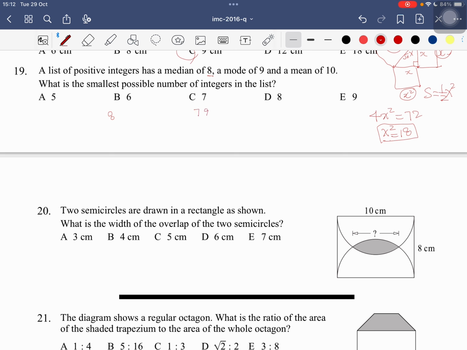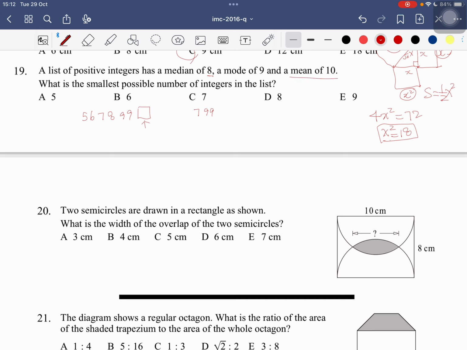Anyway, whatever it is, we need to have at least two 9s here. I cannot have 8s here because 9 is the mode. So maybe 7 and 6. And maybe 5 one more, because I need to add another number to make the mean of 10.